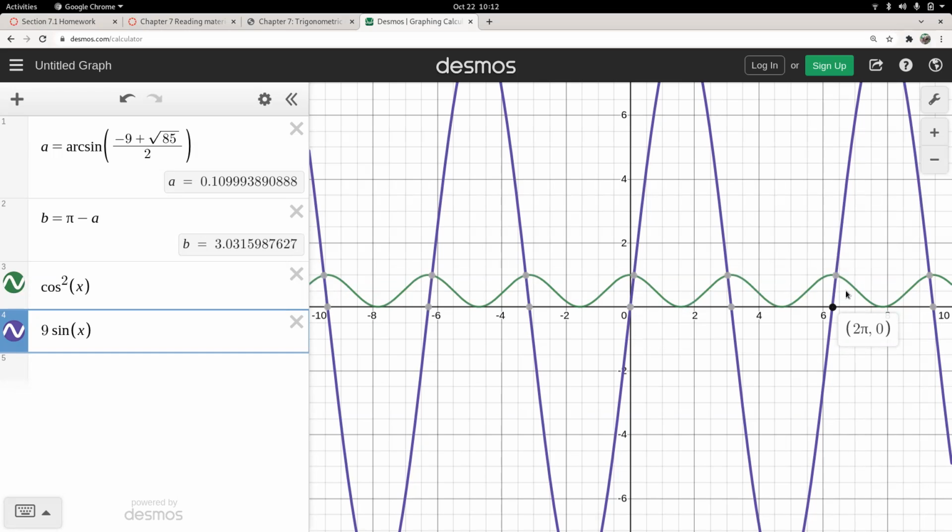So from 0 to 2 pi, these two curves should meet in 2 spots. 0.11, it's the one I found here. That's the arc sine. And then the 3.03, that's pi minus the arc sine there. So within 0 to 2 pi, these two curves, the cosine squared and 9 sine, only meet in 2 places within their first period. 2 solutions.